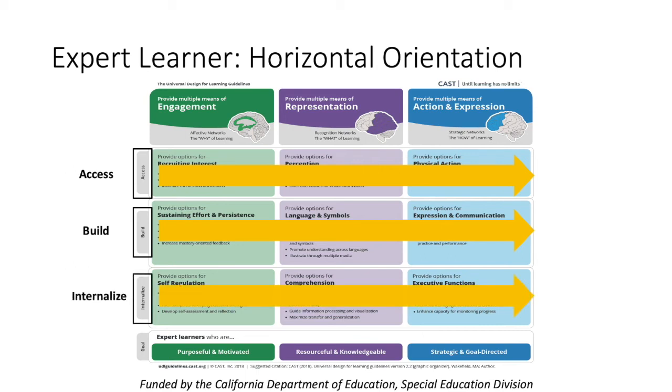Finally, students internalize those skills by understanding themselves as learners, how they learn best, and are able to determine ways in which they self-regulate, independently comprehend information, and use executive functioning skills across contexts to reach their goals. Note that this process ultimately puts students in control of their own learning.